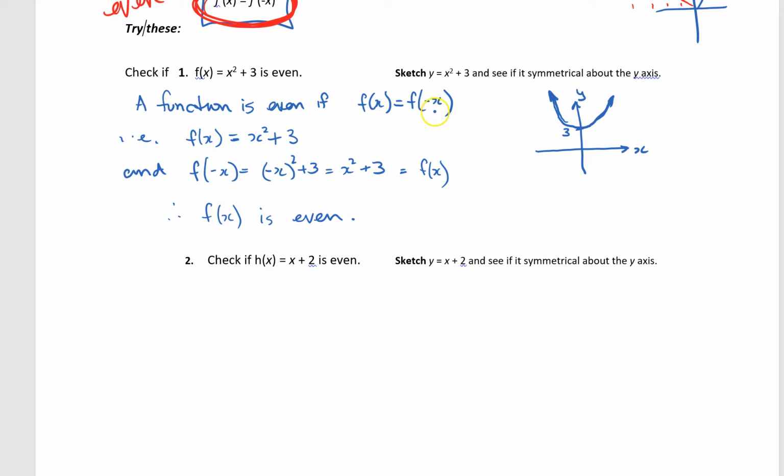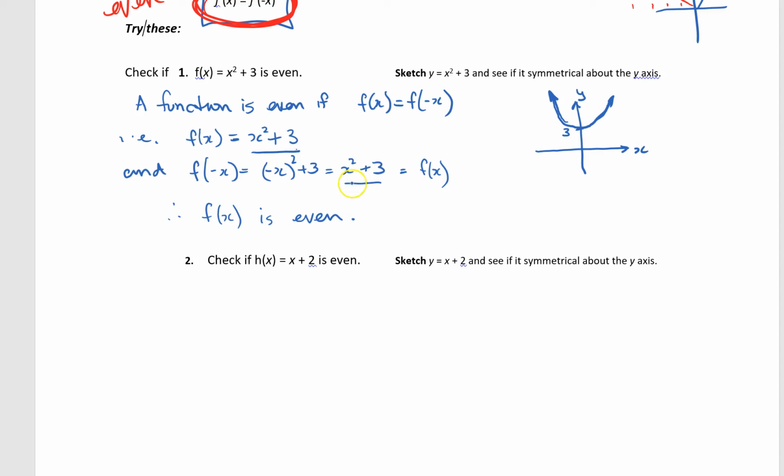Now work on the right-hand side. f of minus x would be sub minus x into that function. So it's minus x all squared plus 3. But when we simplify that, negative x all squared is exactly the same as x squared, and we've got plus 3. Now what do you notice about this and this?